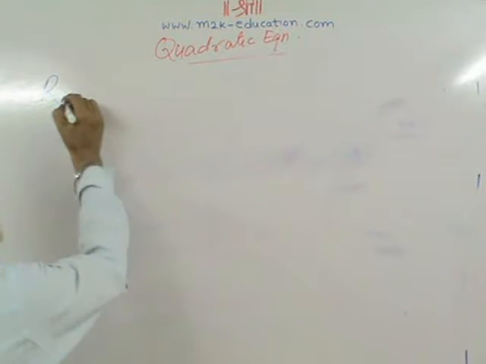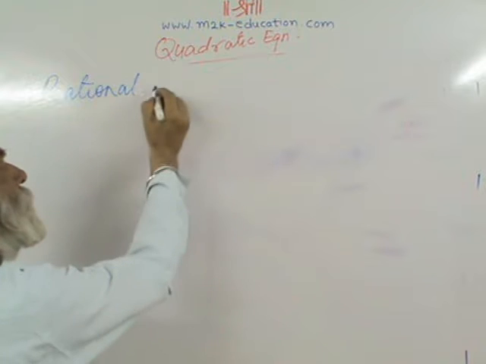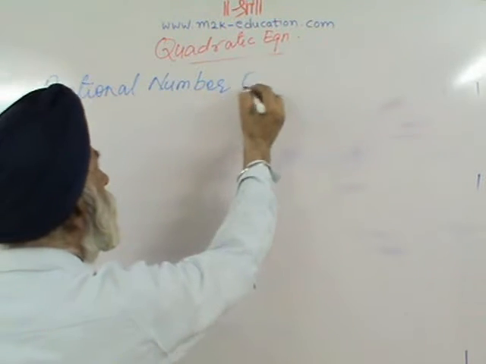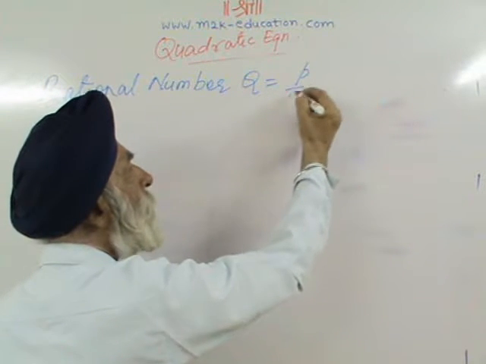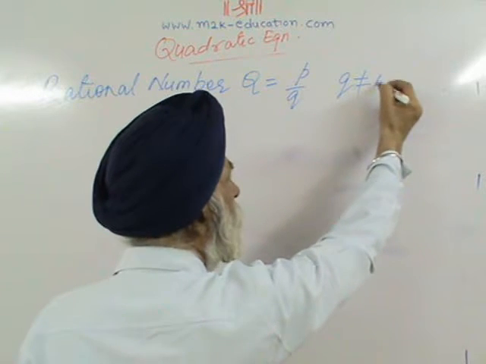Now rational, as I've explained, is written in the form P upon Q, Q not equal to 0.